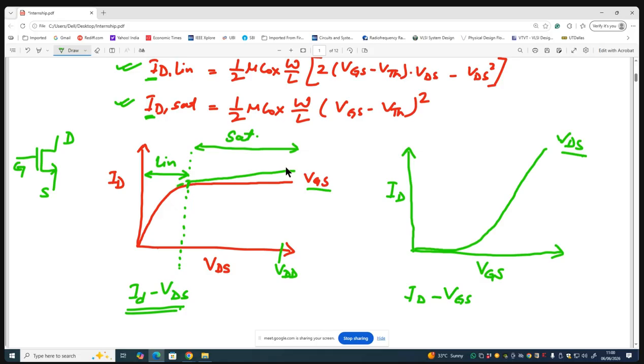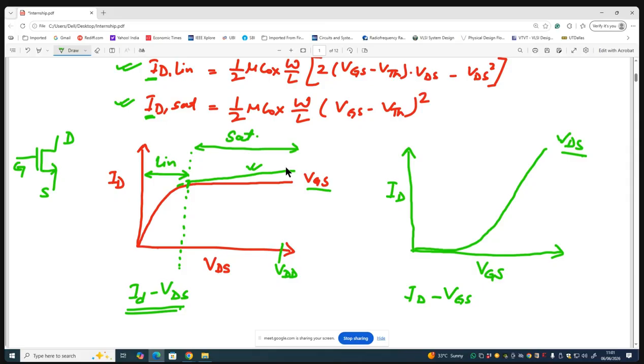So the red curve in the saturation region is the ideal saturation current, where it is independent of VDS. That is what you see now. And practically, ID slightly increases when VDS is increasing. So right now the saturation current equation does not capture this behavior.